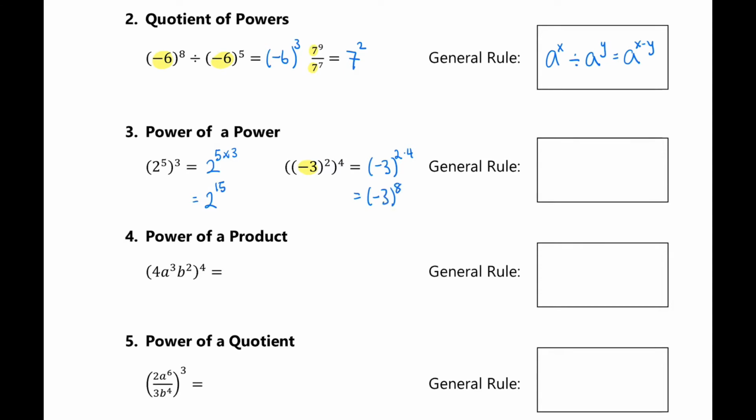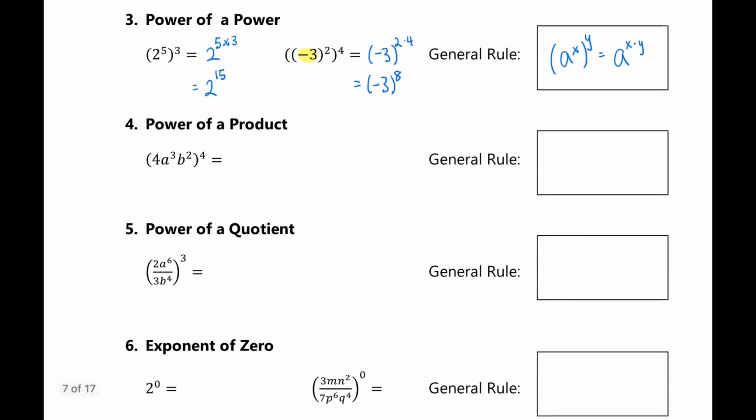So the general rule is that if we have a power, a to the power of x, and the exponent on that power is y, then we can say it is a to the power of x times y. So you multiply when it's a power of a power.